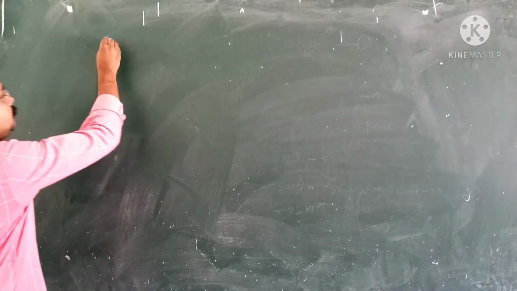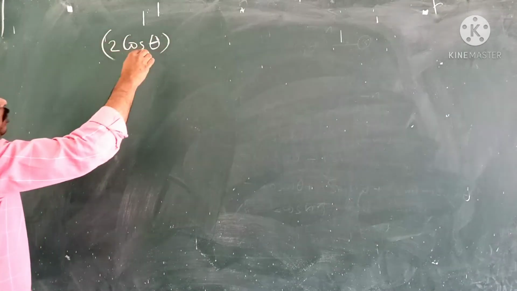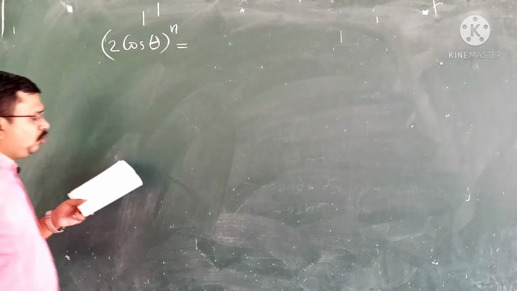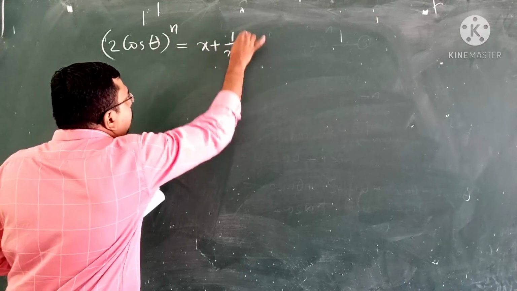Now (2 cos theta)^n, we know that 2 cos theta is x plus 1 by x.